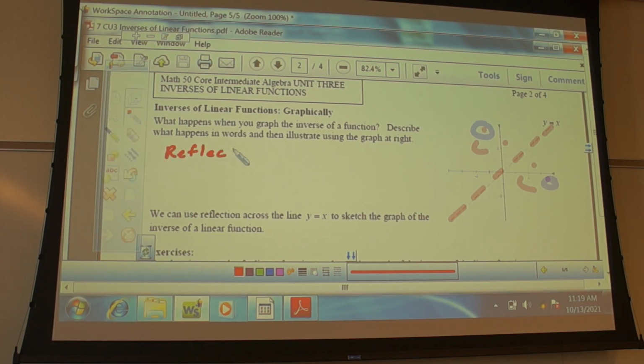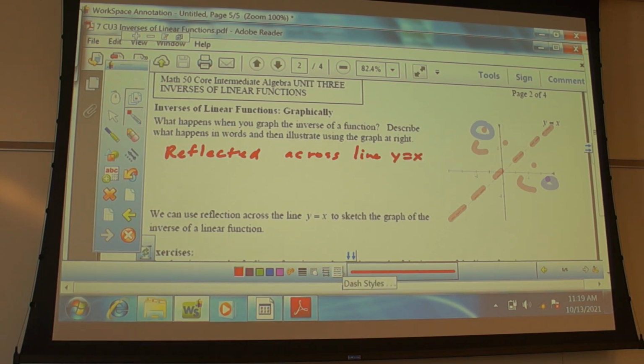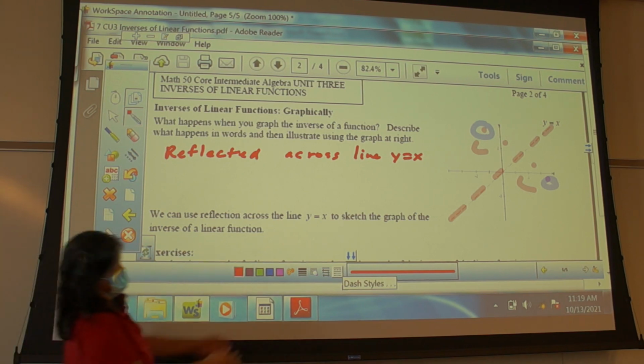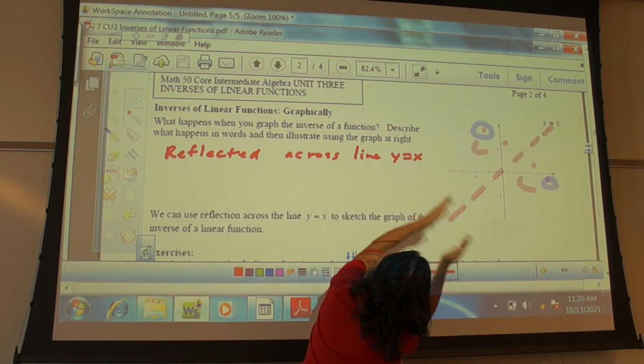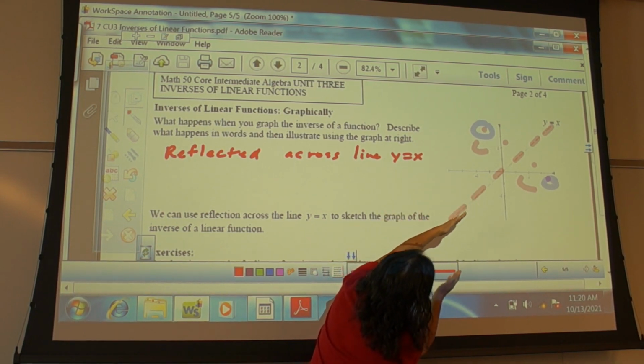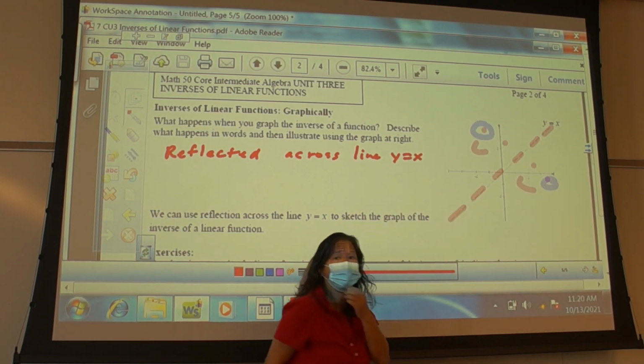You can draw anything you want for the first one and anything you want for the second one. Which means that if I tilt my head this way, those should be mirror images of each other. If I fold it along this line, they would lie right on top of each other.